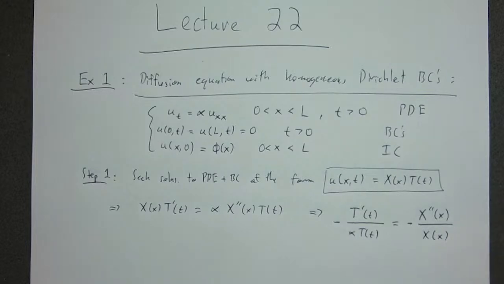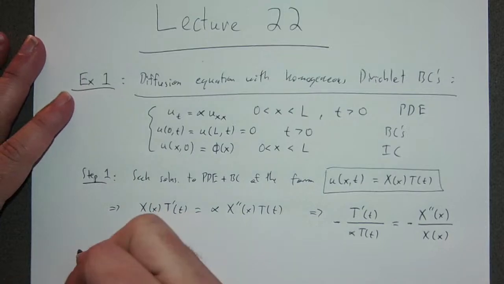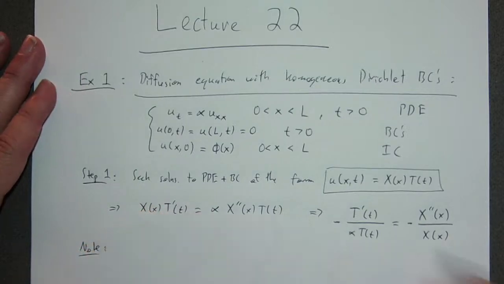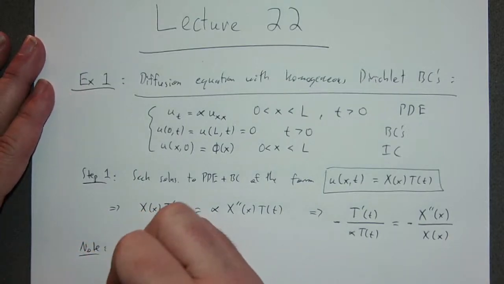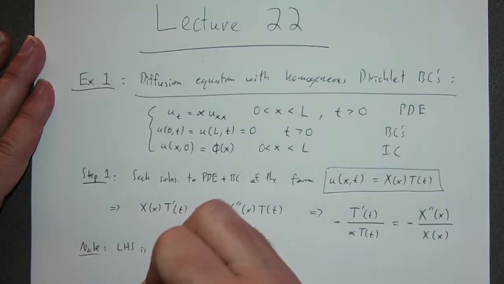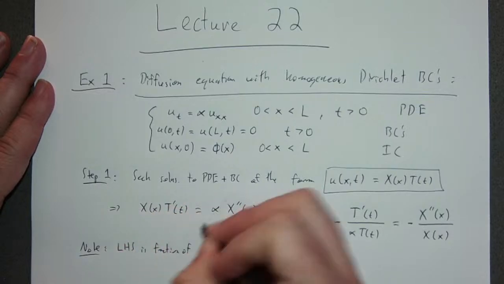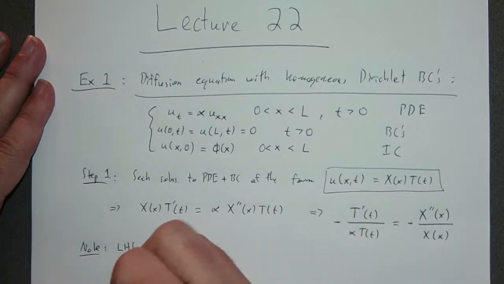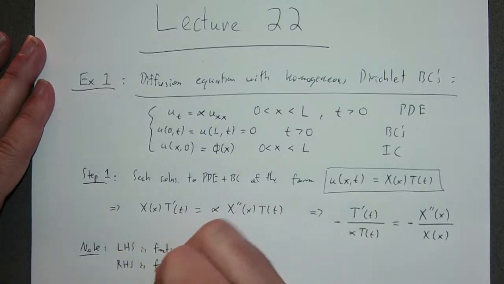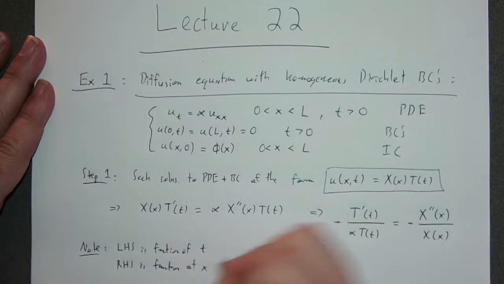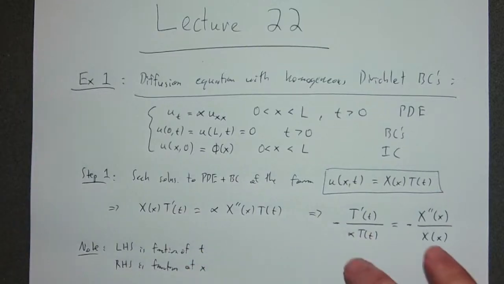Now, I make the key observation here. Note, the left-hand side is a function of t. The right-hand side is a function of x. This equation says that these two things must be equal, and this equality has to hold for all x and for all t.